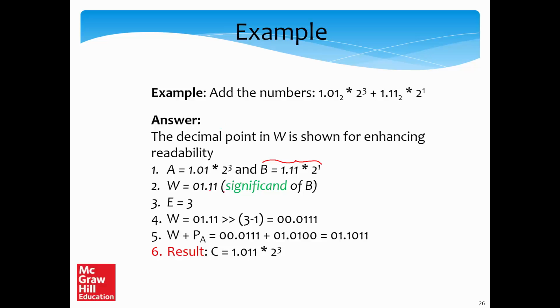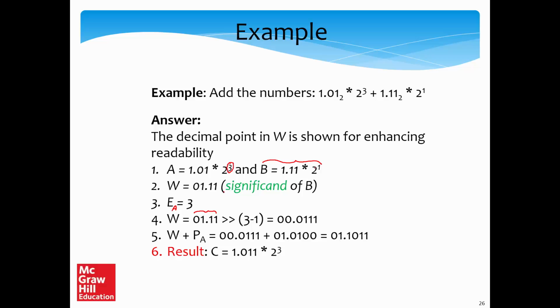In this case, W will be 01.11, which is the significand of B. E, the final exponent, is 3. To align the decimal points, we need to right shift W, 01.11, by 3 minus 1 places. Why 3 minus 1?